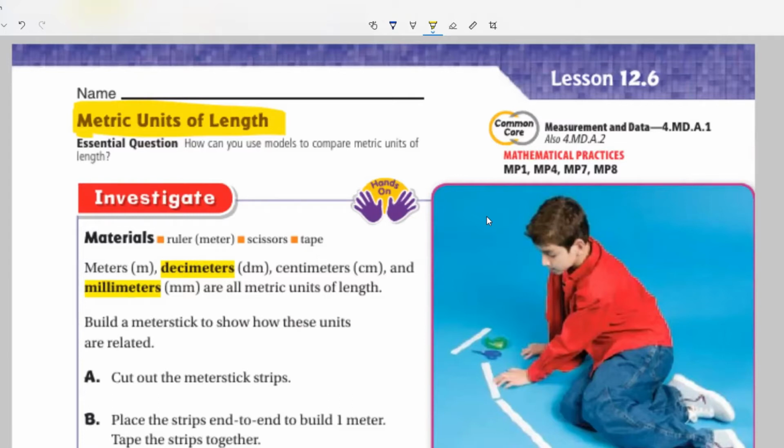Thank you, Ryan. What about Faris? Can you tell me the customary units of length? I think millimeters. No, anything with meter is called metric units of length. I'm asking for the customary units of length that we studied before in lesson 12.2.